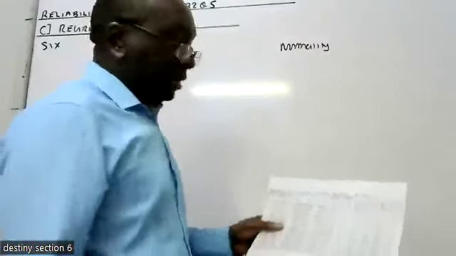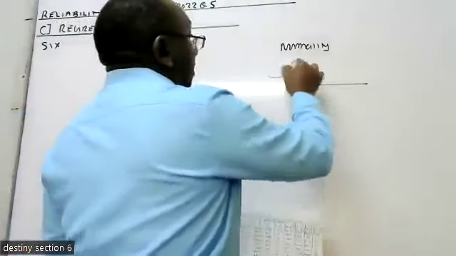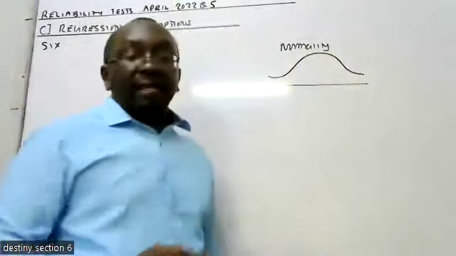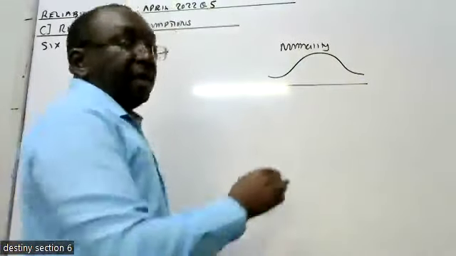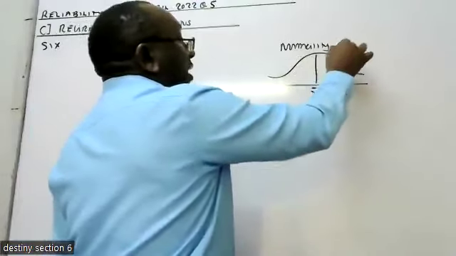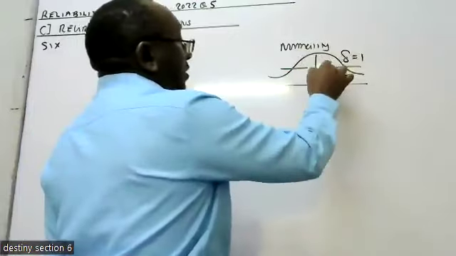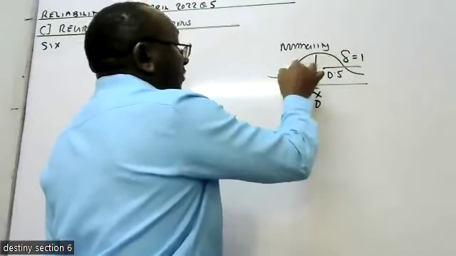And how we go about it, you take these error terms and you plot a graph. If it takes a shape like that, that is the normal curve. Remember we said normal curve has a mean of 0 and a standard deviation of 1. And it is divisible into 2 equal parts, 0.5, 0.5.